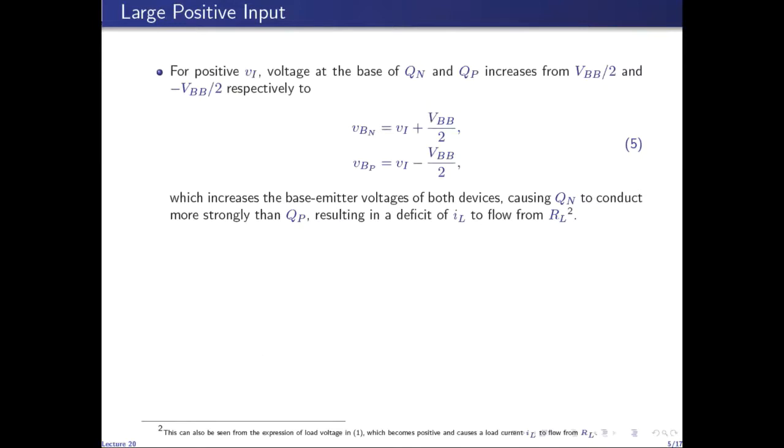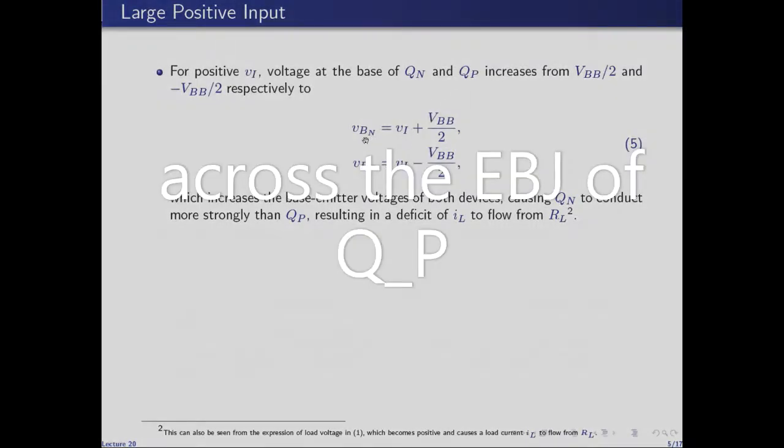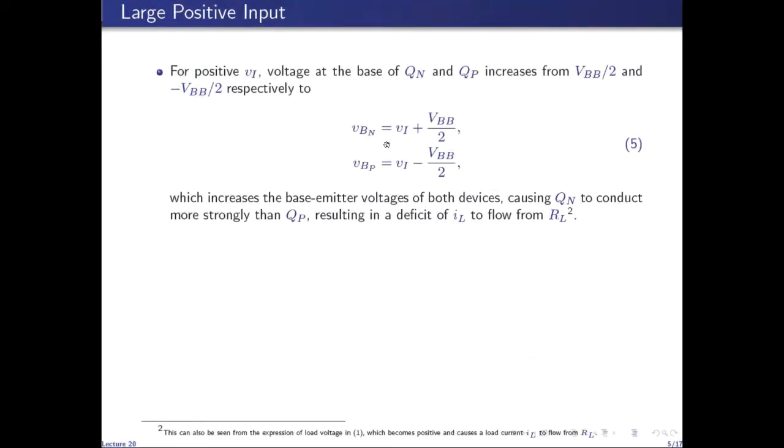The increase in base emitter voltage of QP will reduce the forward bias across the emitter base junction of QP. And the increase in base emitter voltage of QN will increase the forward bias across the base emitter junction of QN. So the application of positive Vi will cause QN to conduct more strongly than QP.